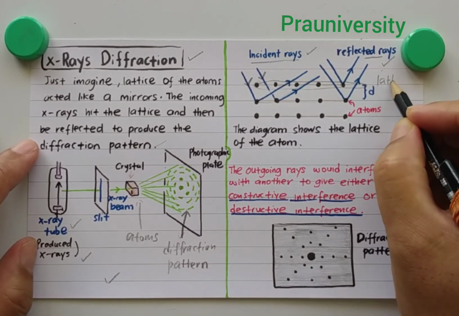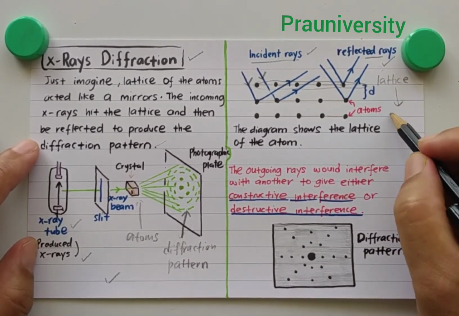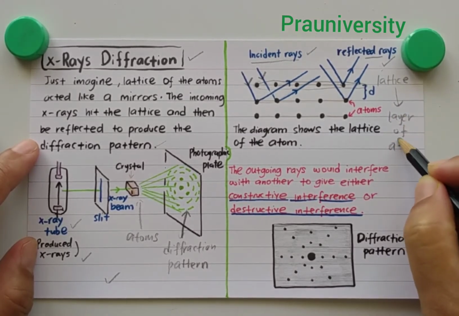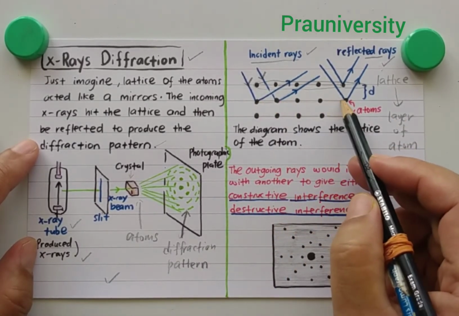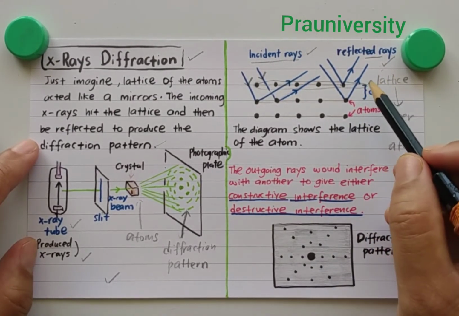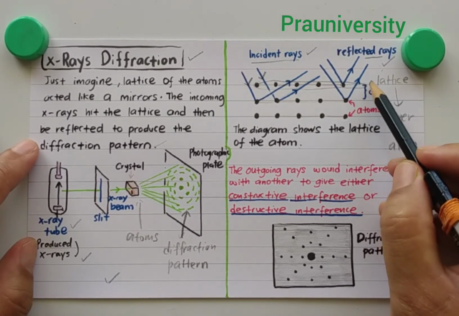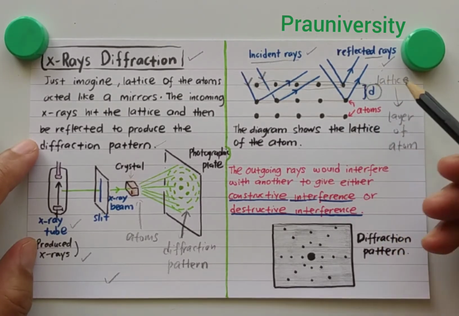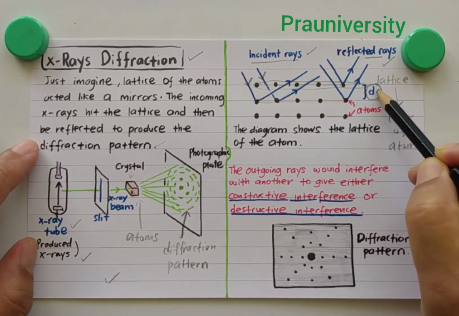Normally we call it a lattice of atoms, or sometimes a layer of atoms. And here also we have a lattice of atoms, or layer of atoms, and then the distance between the first layer of atoms, the first lattice of atoms, and the second lattice of atoms. So this is the distance between the layers or lattices of atoms. We denote it D.